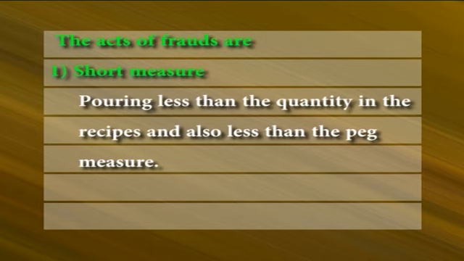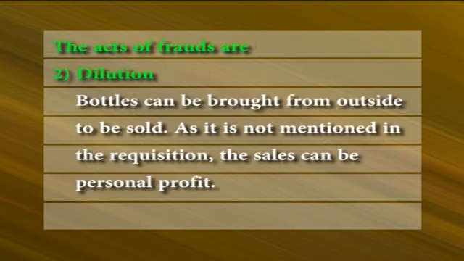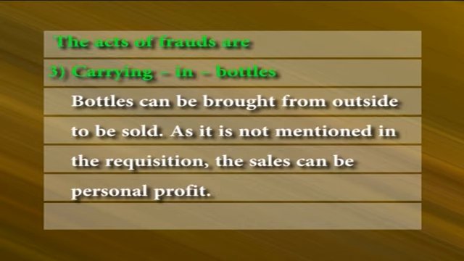The acts of fraud are short measure, pouring less than the quantity in the recipes and also less than the peg measure; dilution, by watering the drinks, more number of measures from the bottle is available to be sold to make money; and carrying in bottles. Bottles can be brought from outside to be sold. As it is not mentioned in the requisition, the sales can be personal profit.